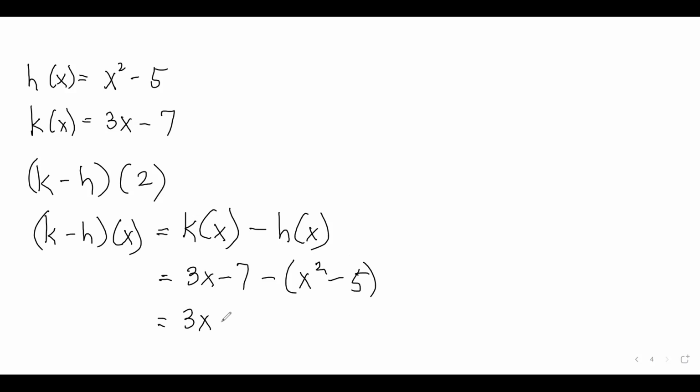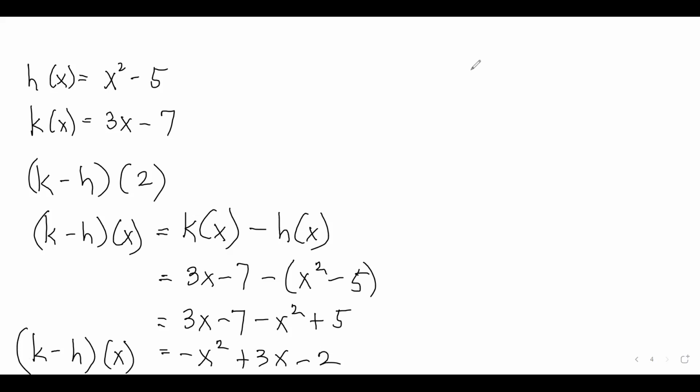Simplify, 3x minus 7 minus x squared plus 5. Kasi negative times positive, negative x squared. Negative times negative 5, positive 5. Simplify further, we have negative x squared plus 3x minus 2. So this is k minus h of x.